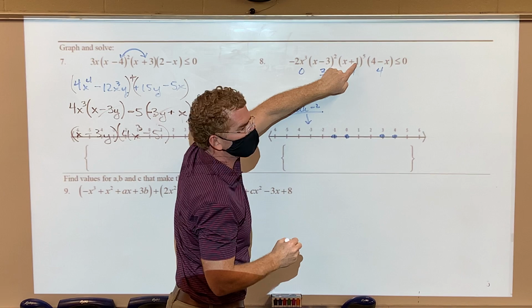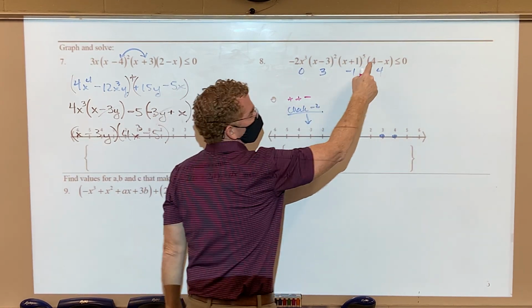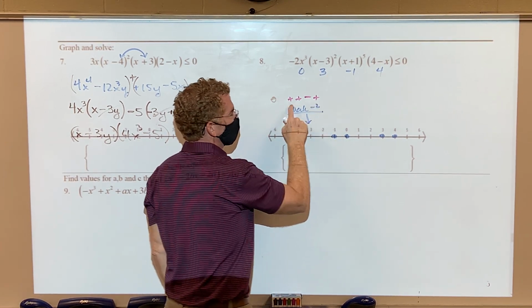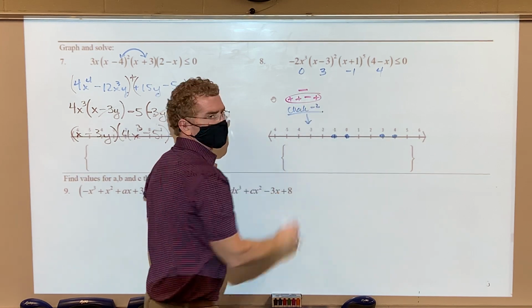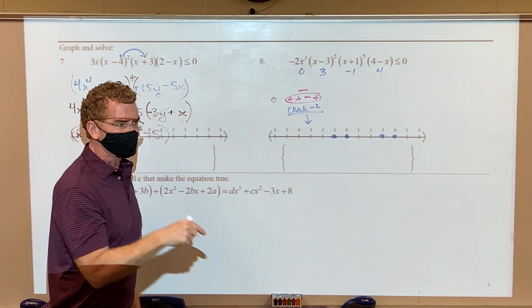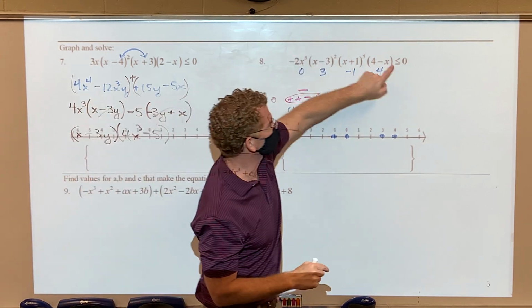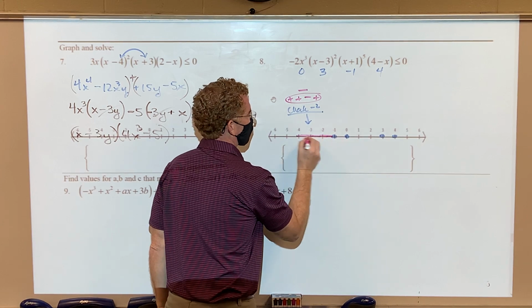A -2 plus 1 is -1 to the 5th, negative. And a 4 minus a -2 is plus. So all of that together means what's happening here? Negative? And do I want to shade negatives on this particular problem? Yes. I want this to be smaller than 0. So yes, I do want negatives. I'm going to shade that.